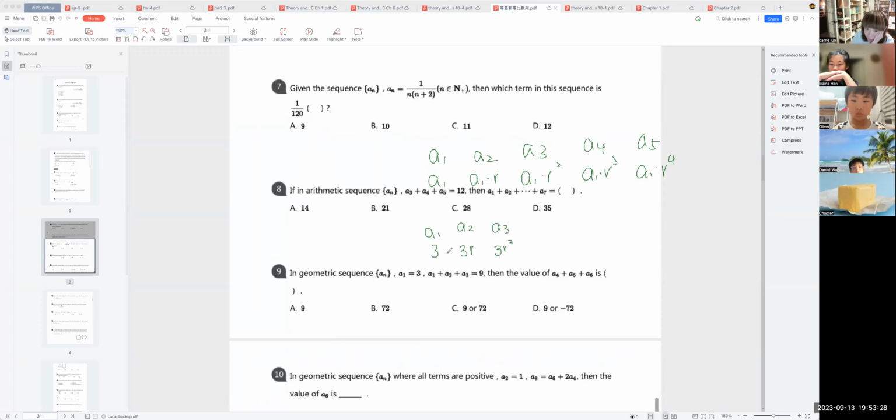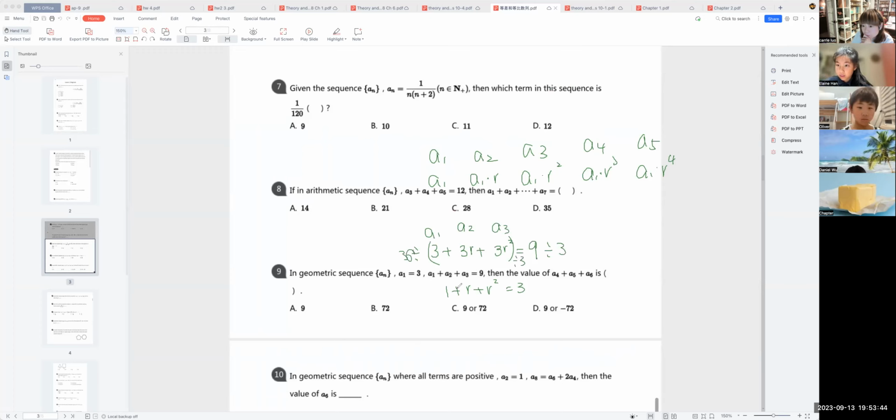Correct? And you plus them together equals 9. So 1 plus R squared equals 3, correct? Because this one divided by 3, and this one also divided by 3, right?